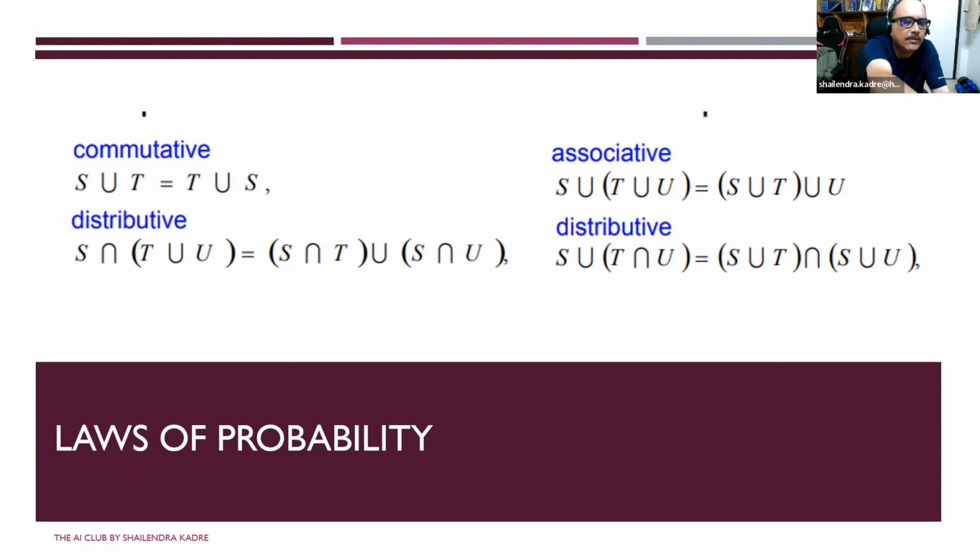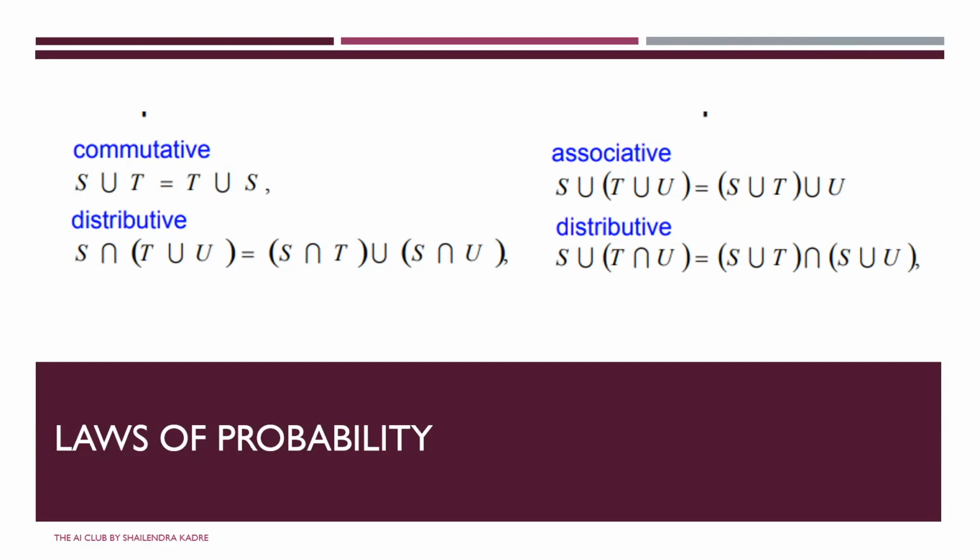Now distributive. Second row, first formula. S intersection in bracket T union U. If I have to apply the distributive law, it will be S intersection T, that is, the intersection will now go inside the bracket. So S intersection T union S intersection U. Is this understood?